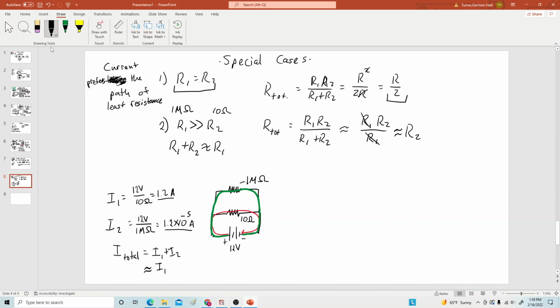And so, because of that fact, when I calculate what the resistance ought to be, just based on those considerations, the total current, if I divide the voltage of the battery by the total current, this is going to be 12 volts divided by approximately 1.2 amps, which gives me 10 ohms.